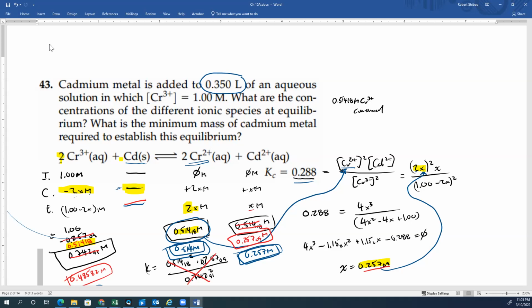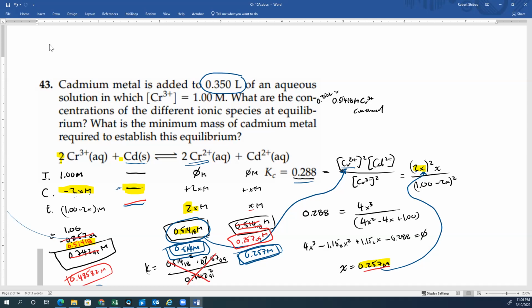All right, that's molar consumed, but how many moles were actually consumed? Well, it depends on the volume. If I had a liter, it'd be 0.51418 moles, but I don't have a liter. I only have 0.350 liters. So I'm just going to multiply this by 0.350 liters of solution.